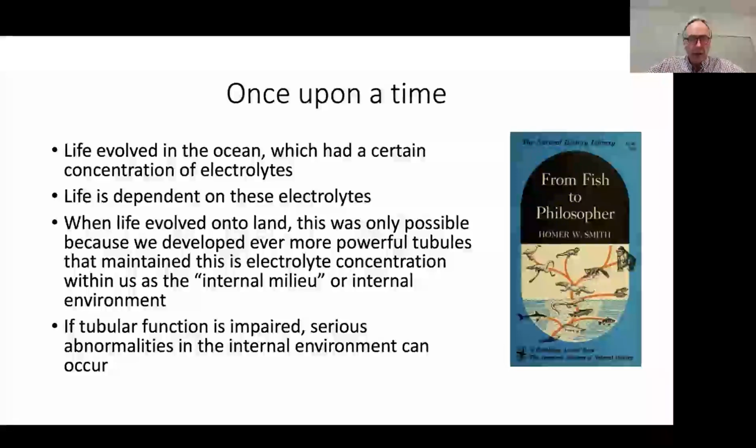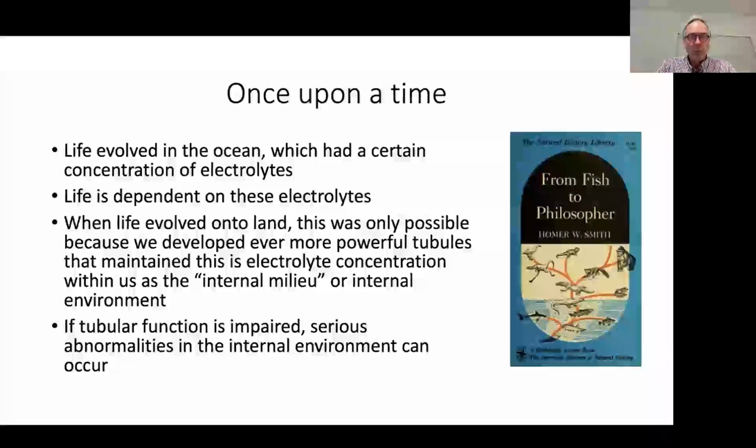And so our tubules constantly adjust urine volume and composition to match the intake. That's how they keep us in balance. That's how they maintain this internal milieu, which mirrors the ancient ocean environment within us.